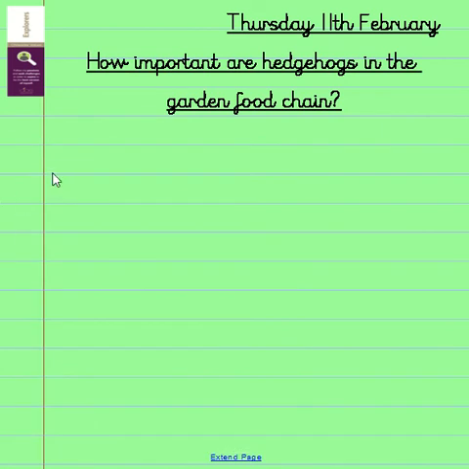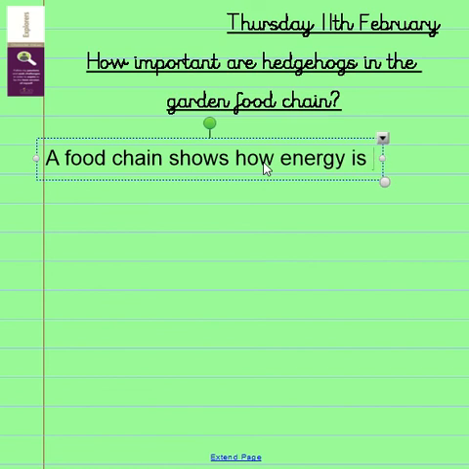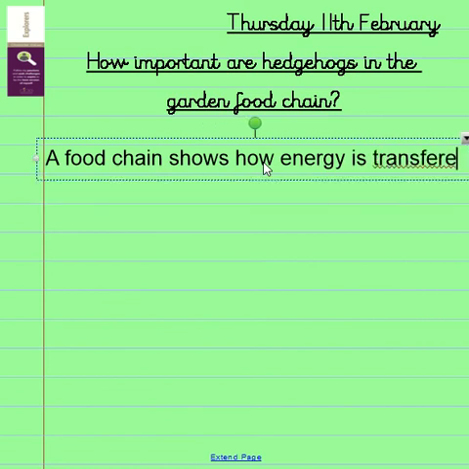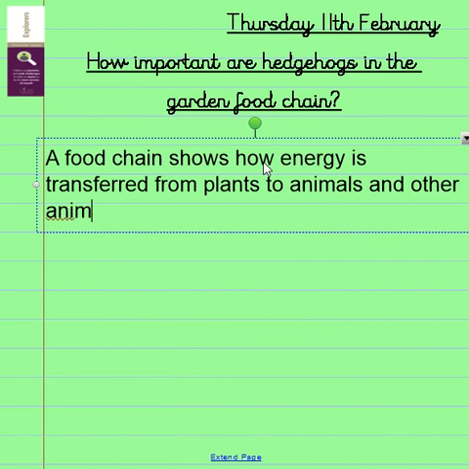So let's think about describing our food chain. Now we want it to be a really good explanation, so if someone hadn't heard about food chains before, they would understand them. So we could say a food chain shows, what does it show? A food chain shows how energy is transferred from plants to animals and other animals.